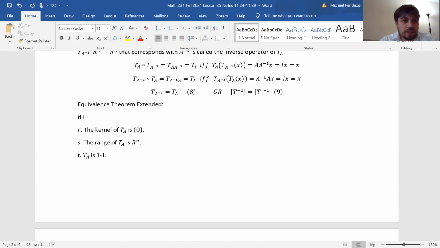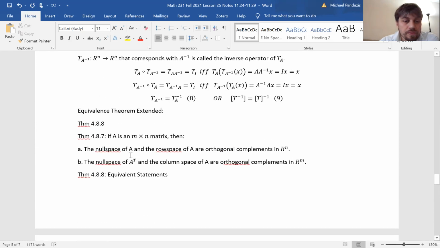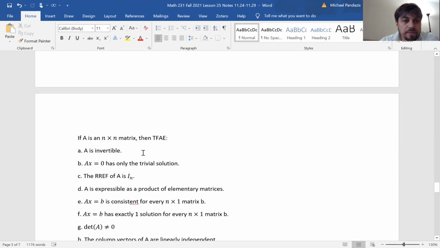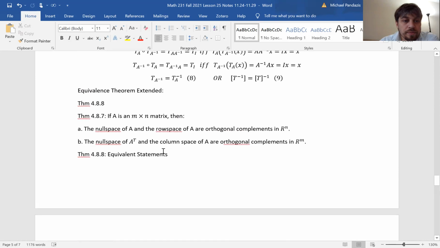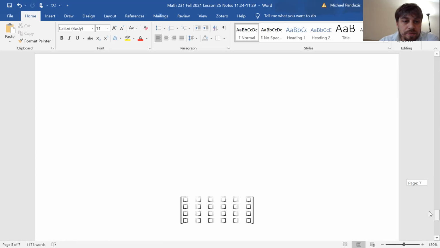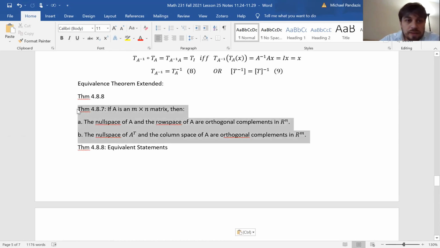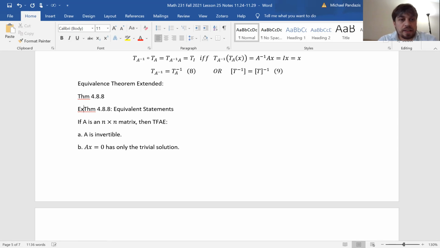So this is theorem 4.8.8. We're just extending theorem 4.8.8.